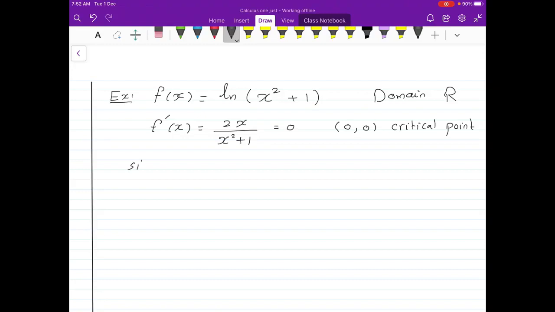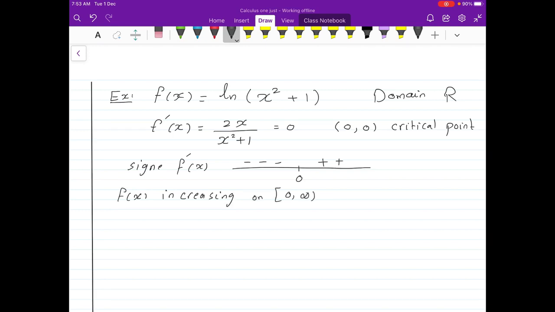Now the sign for f prime of x. To study the sign around 0, choose a number greater than 0: positive, and negative on the other side. That means f of x is increasing on which interval?